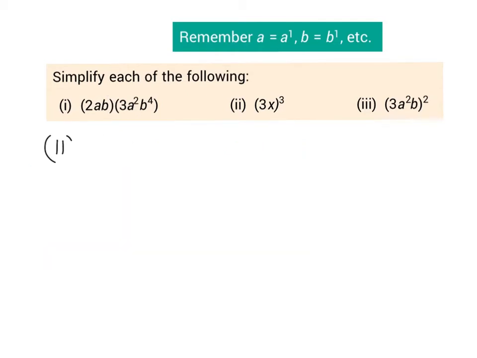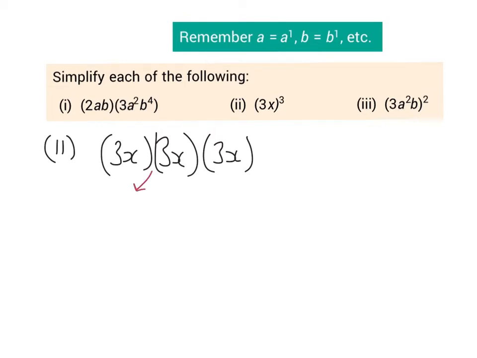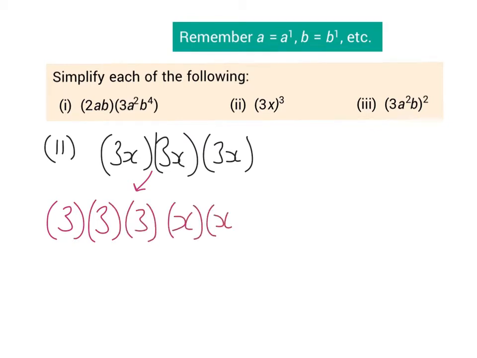Now to answer part 2. We have a 3x to the power of 3. So that means it's 3x times 3x times 3x. And if we were to expand that even further, we would be left with 3 by 3 by 3 and x by x and by x again.